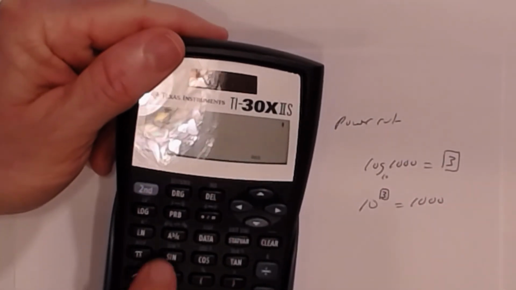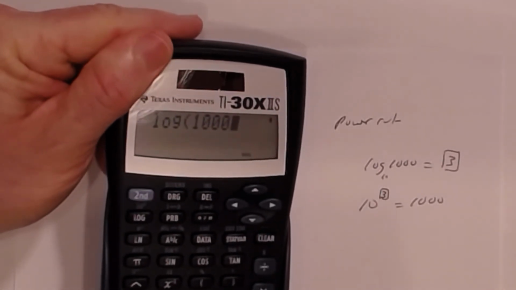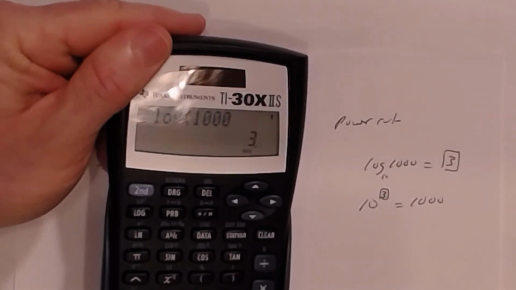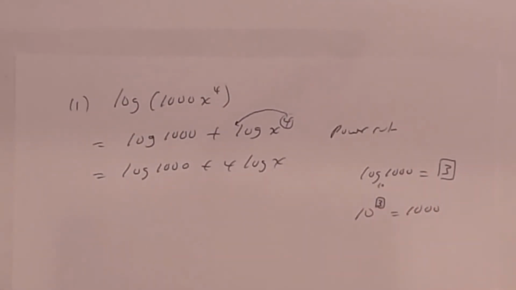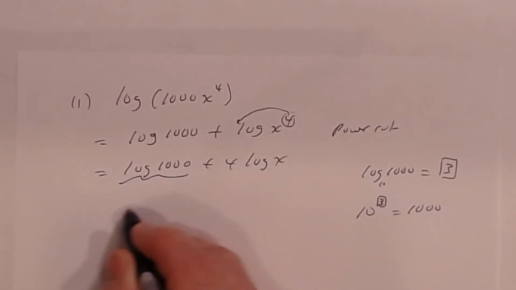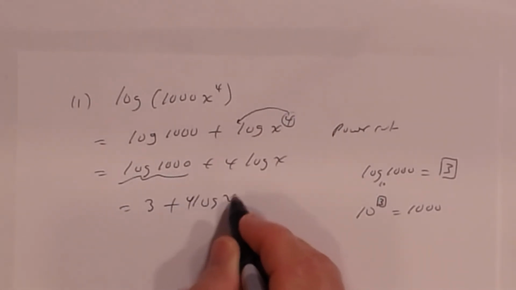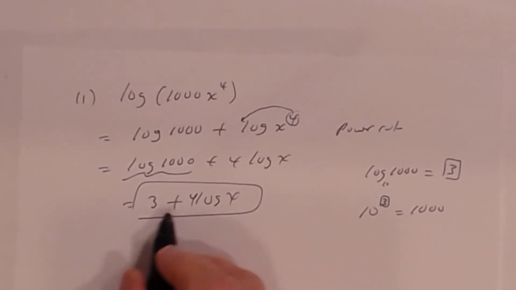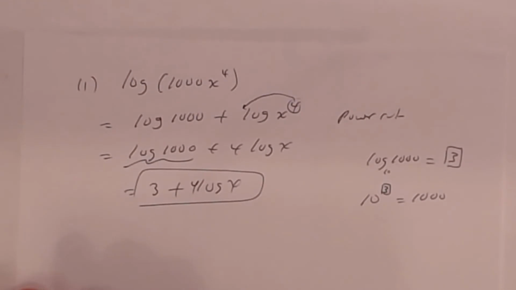The log of 1,000 equals 3, because 10 to the third power is 1,000. So I get 3 plus 4 log x. And there's your answer. Again, just like before, don't say 7, because those are not like terms.